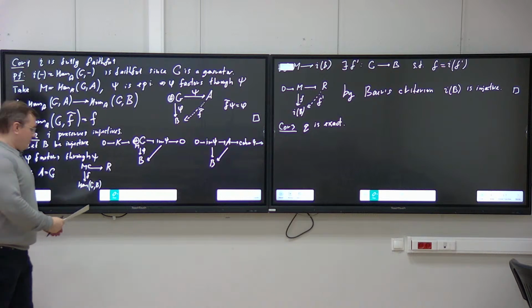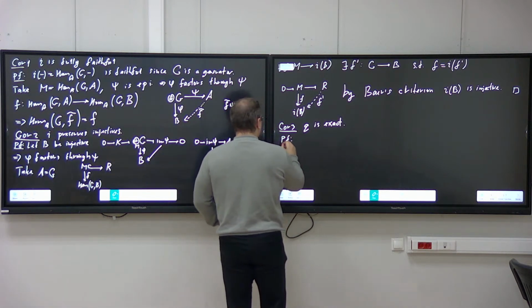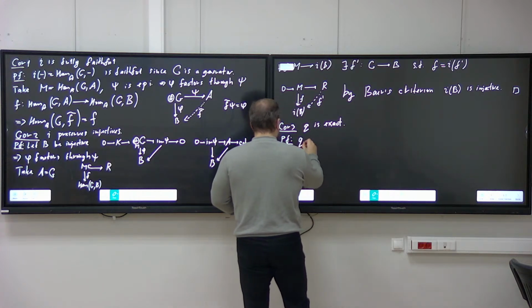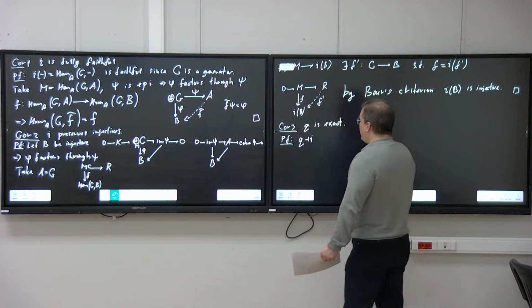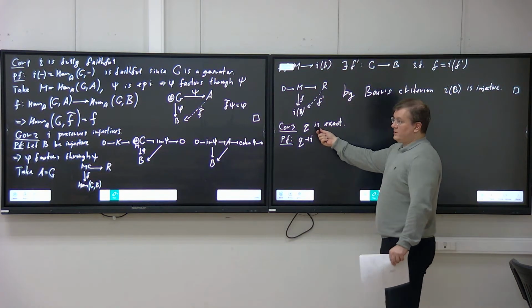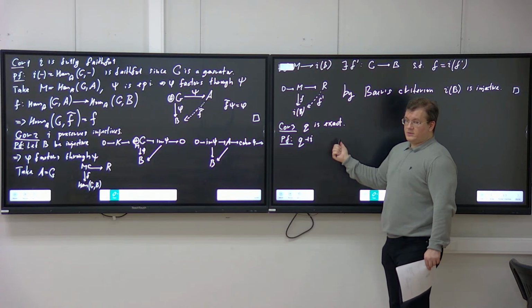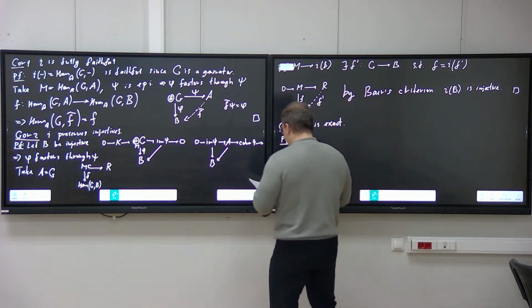It just relies on the fact that if you have two adjoint functors, maybe a little proof of this, the situation where I have adjoint functors Q and I, like this. So Q is left adjoint to I. The left adjoint is exact if and only if the right adjoint preserves the injectives. That's just a general statement about abelian categories.